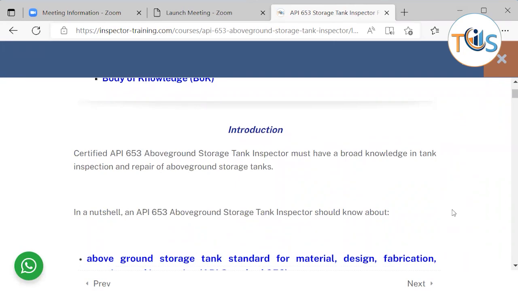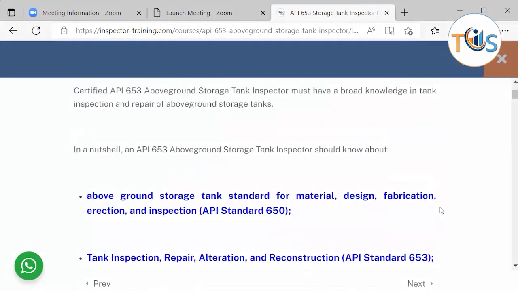Certified API 653 aboveground storage tank inspectors have a broad knowledge in tank inspection and repair of aboveground storage tanks.